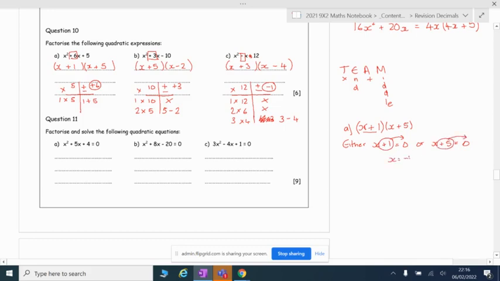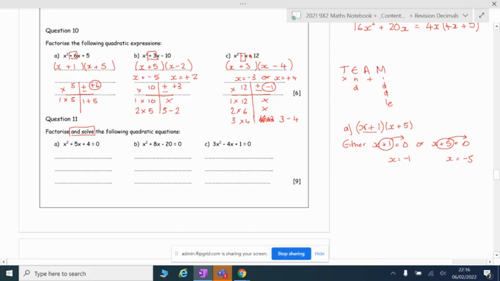So x equals minus 1 or x equals minus 5. In the second one, it would be x equals minus 5 or x equals plus 2. Or in the third one, x equals minus 3 or x equals plus 4. Only if they say this, though.